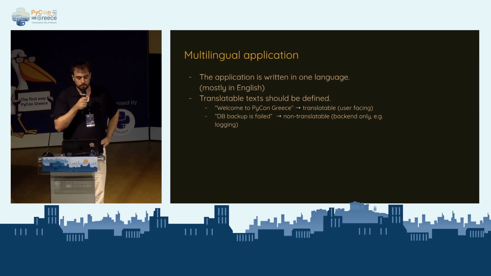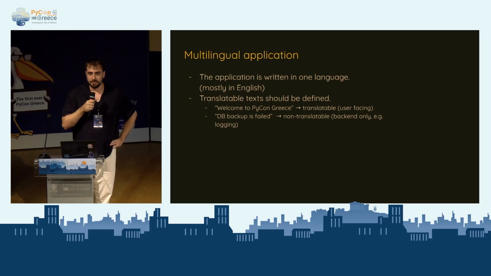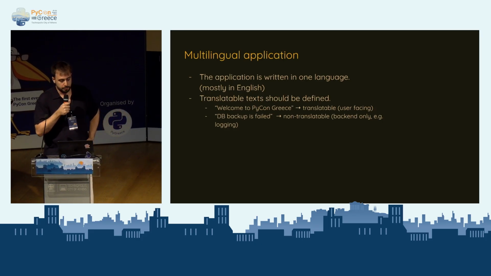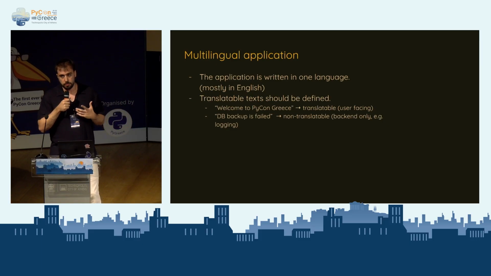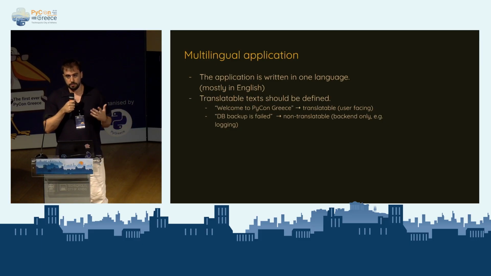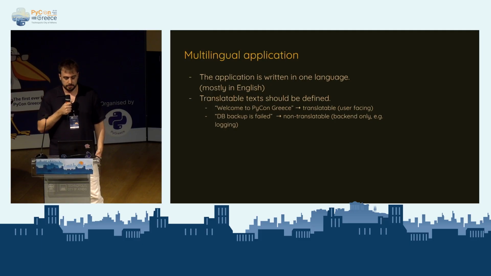So most of the time we write the application in one language, and the best practice is doing it in English, because when we are defining our variables, we should also follow the same language as the text. So as a best practice, I usually suggest English for this, even though your application is also going to be mostly used in Greek, for example.